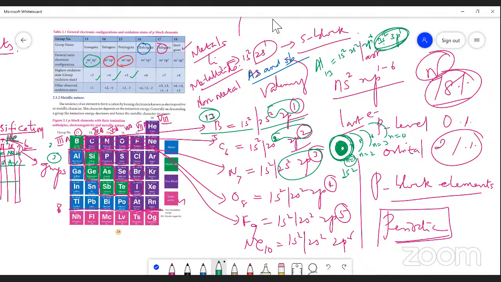We write N2O5, nitrogen pentoxide. What is the oxidation state of nitrogen here? It is 5 plus, which means all these 5 electrons are lost by the nitrogen and gained by the oxygen.